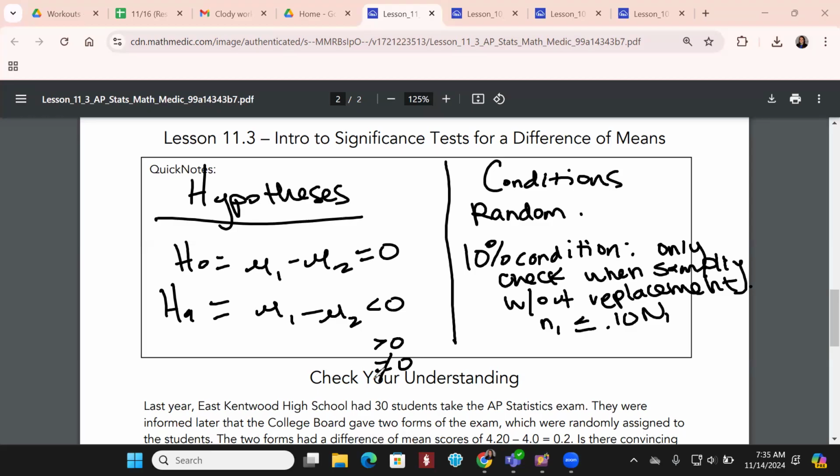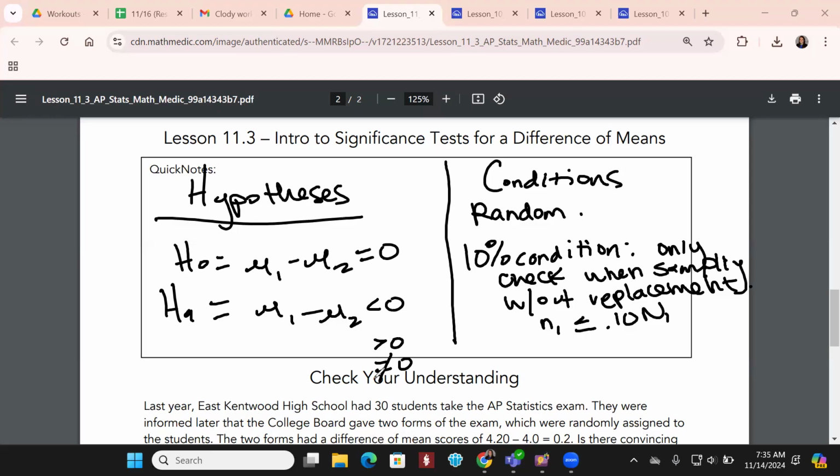So for instance, on the last one, it would be 15 is less than or equal to 10% of 30, because 30 was our actual sample that we pulled. The answer is no.